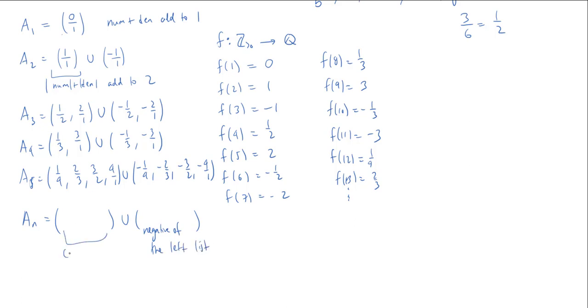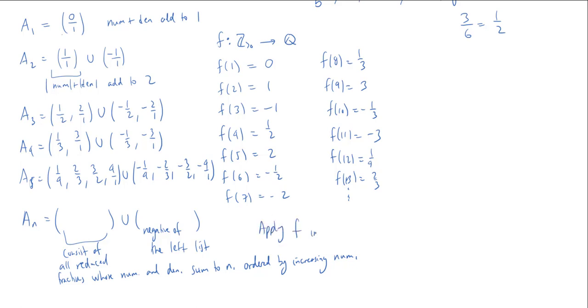And this list will consist of all reduced fractions whose numerator and denominator sum to n, ordered by increasing numerator. All right, and so there we go. We can then apply f just in order to these, so apply f in order.